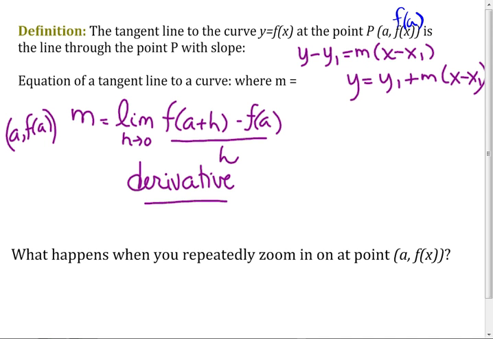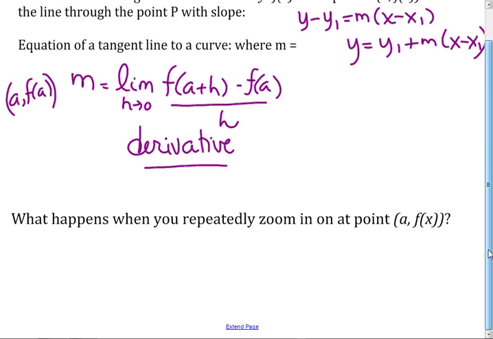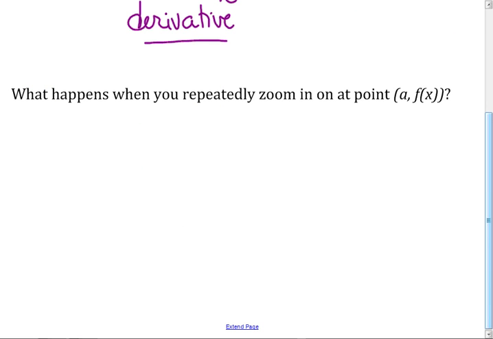So derivative and slope are the same thing. Remember that? And what happens if you repeatedly zoom in on a point on my graph? If I have a nicely behaved curve, I get a line. If I don't have a nicely behaved curve, then I don't get a line. And I have one on my calculator that we zoomed in on. It was the absolute value. We could do that again if you want.